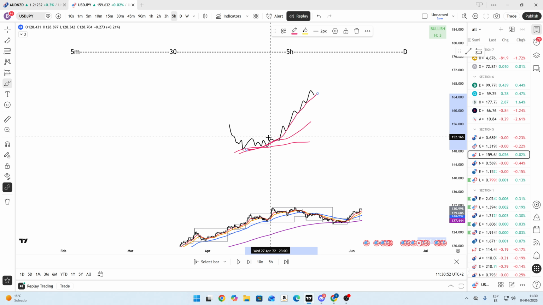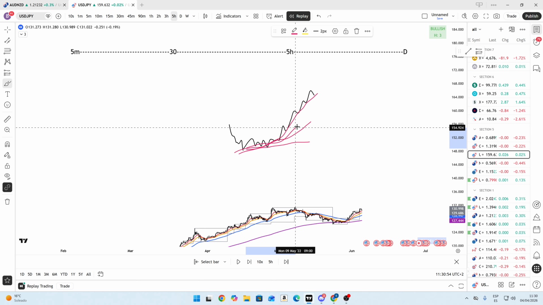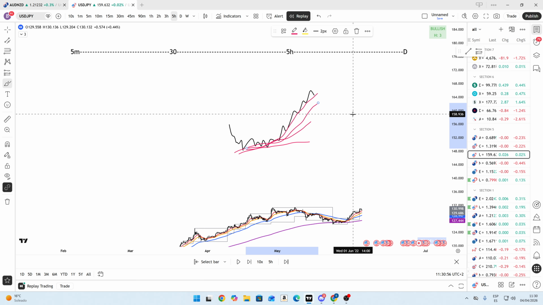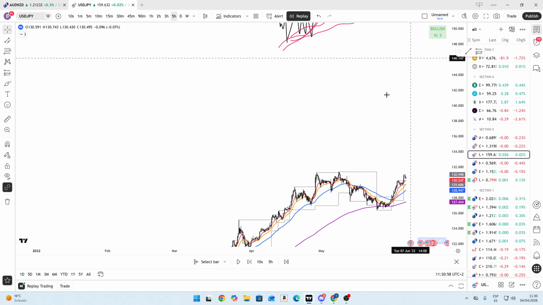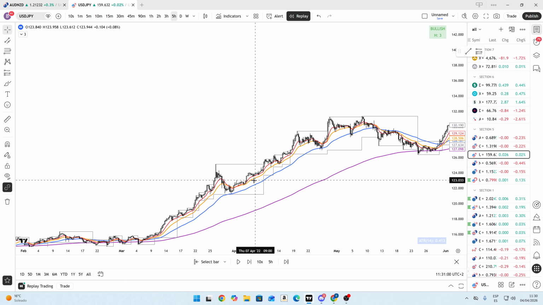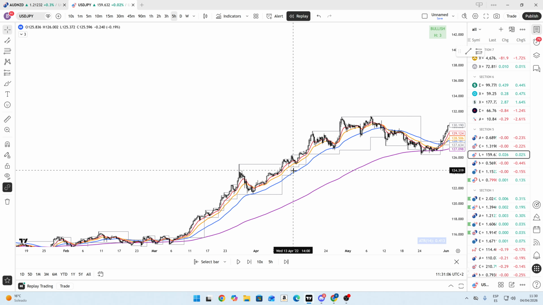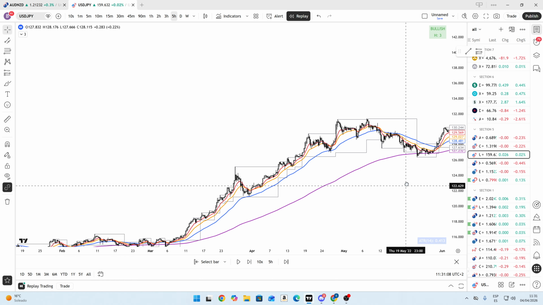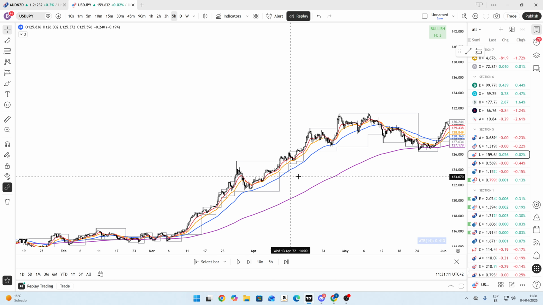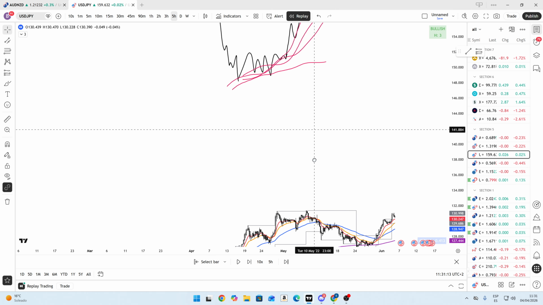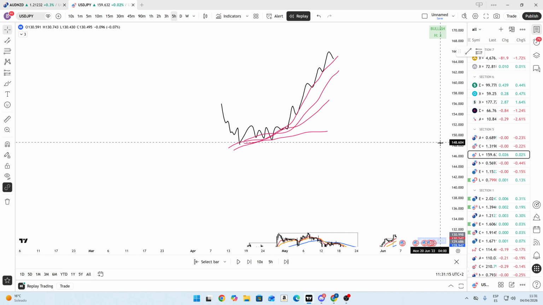The EMA 10 and the EMA 20. This shows you the ultimate momentum. These two EMAs right over here, the red one and the orange one, show you when price has the most momentum. Not only in the right direction, but also with the most strength and momentum.